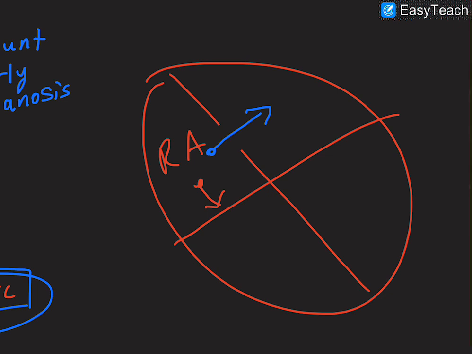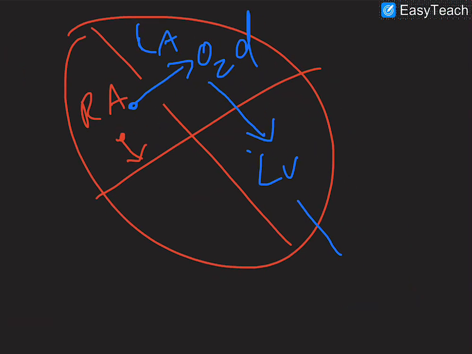Well, now let's see. Now you have deoxygenated blood that just made it to the left side of the heart, in your left atrium, and this is deoxygenated, which we'll represent with a D. This deoxygenated blood will then go to the left ventricle and then get pumped out to the systemic circulation through the aorta, to the body.